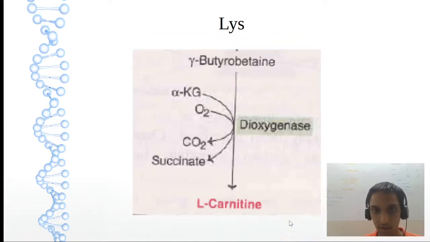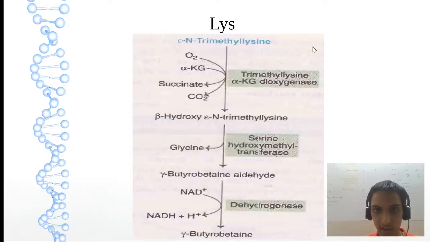That's all. Continuation. What we did in the first step was epsilon N trimethyl lysine to beta hydroxy epsilon N trimethyl lysine. I told you, the extra word you should add there is beta hydroxy. What was the enzyme? Alpha KG dioxygenase, alpha ketoglutarate to succinate and oxygen to CO2.